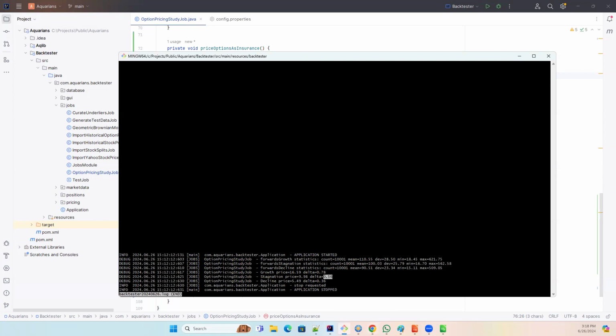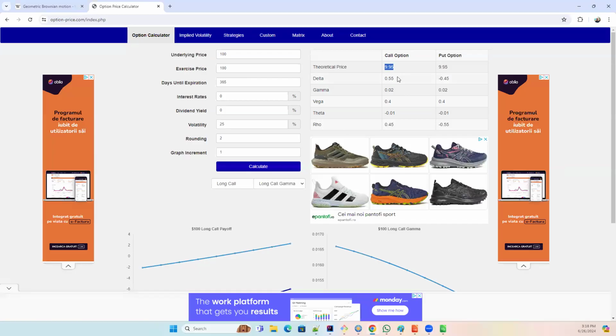How about the delta? 0.56, 0.55, so pretty much the same.